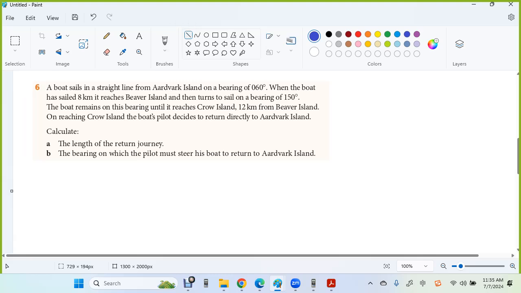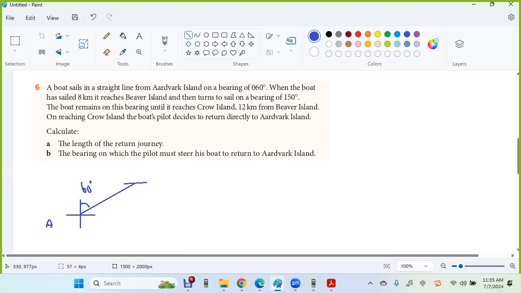So for this one, we have to draw what we have here. Initially, we start from A. So this is A here. We know that the bearing of 060 is this 60 degrees here.